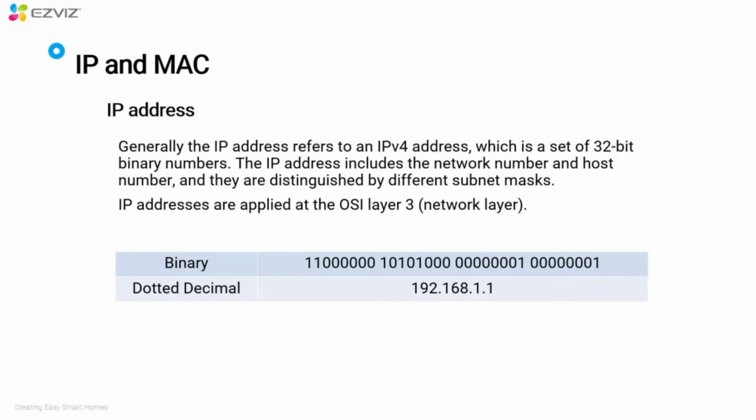Generally, the IP address refers to an IPv4 address, which is a set of 32-bit binary numbers. The IP address includes the network number and host number, which are distinguished by the subnet mask. IP addresses are applied at OSI layer 3, the network layer.